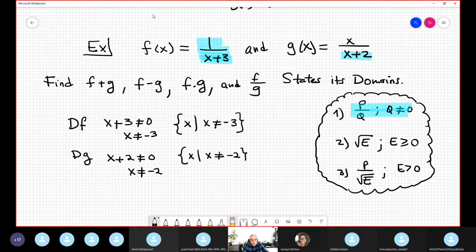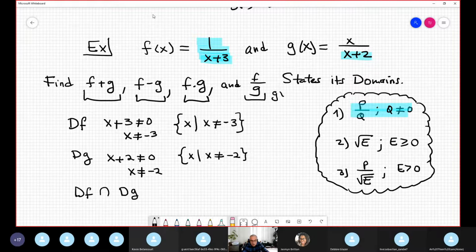And together, the intersection, domain of f intersection domain of g, should be the domain of this and of this, except in this case for division, where g of x is not 0. But it's valid for at least the first three combinations. It is the set of x values such that x is not negative 3, and x is not negative 2.